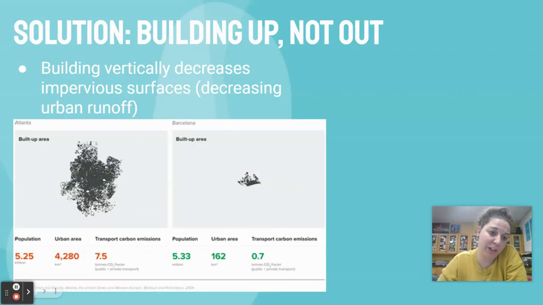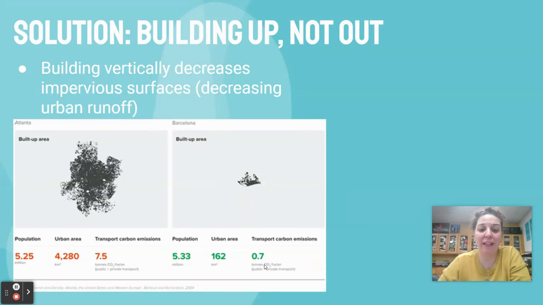If you live over here in Atlanta and work over here, you cannot walk, okay? You can't get there by walking. But in Barcelona, it's a much more walkable city, so they don't have as many people commuting. So when you look at that number, they don't even have 10% of their carbon dioxide emissions per person coming from transportation.